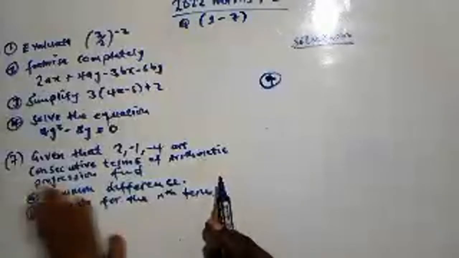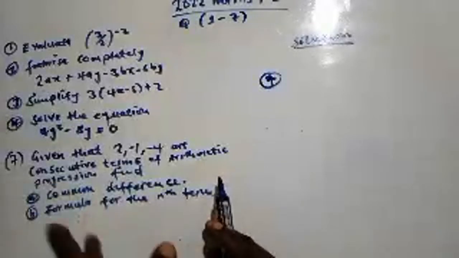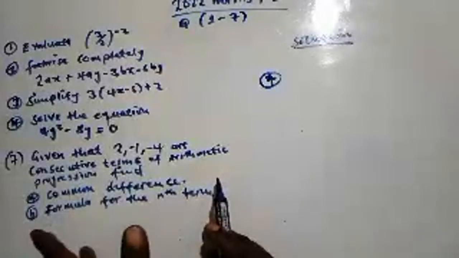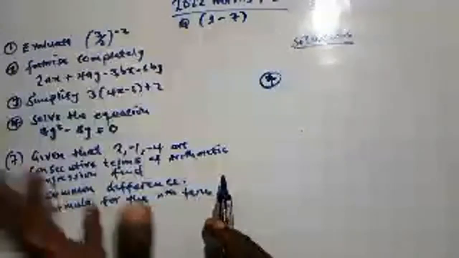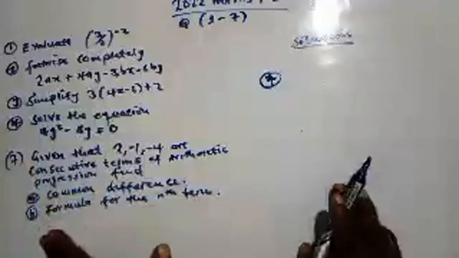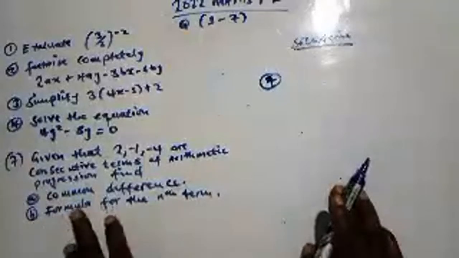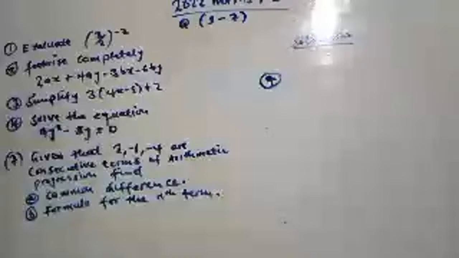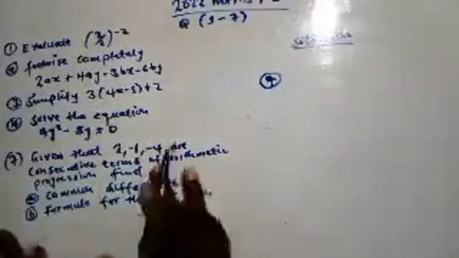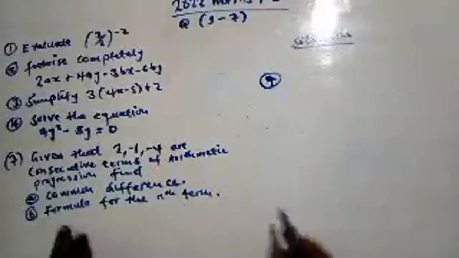And put this in mind: in arithmetic progression, we only find the common difference, but in geometric progression, we have a common ratio, okay? These are the differences which you must consider when you are dealing with sequences, okay?